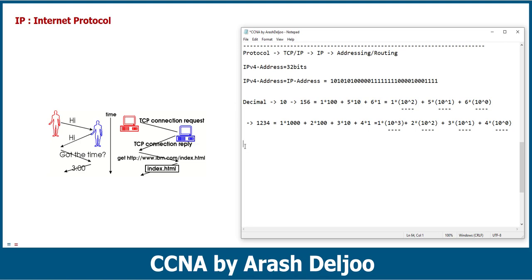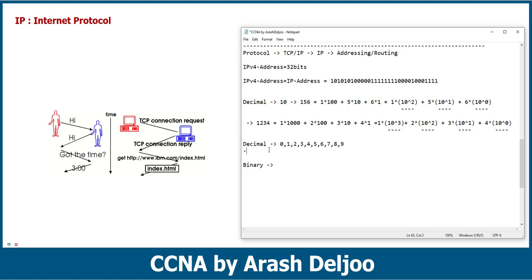But in the computer world we are using another basis, binary. In decimal value, let me write here, we are using the numbers 0, 1, 2, 3, 4, 5, 6, 7, 8, and 9. These are the numbers that we can use in decimal.